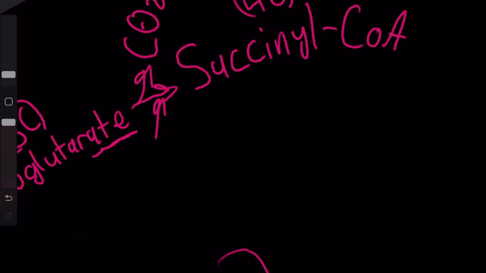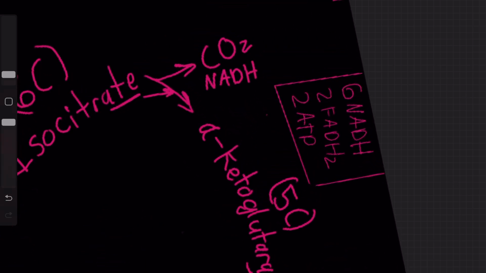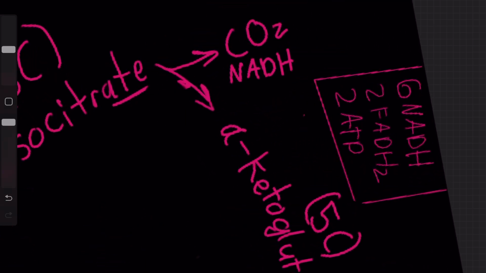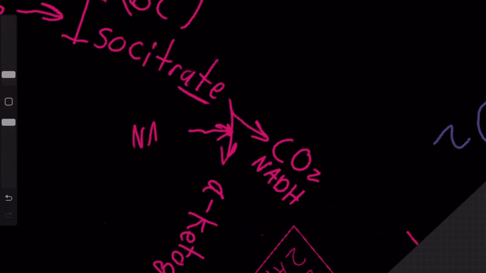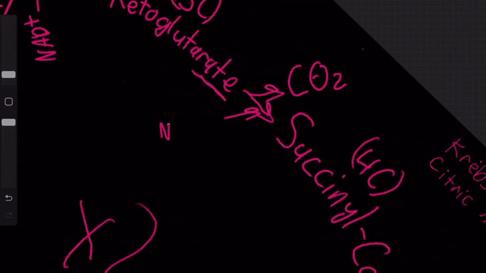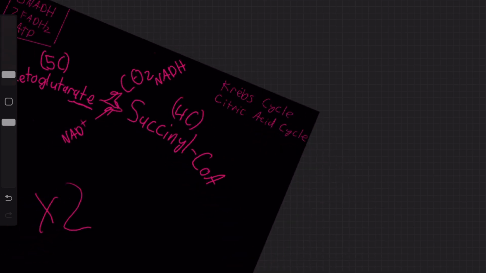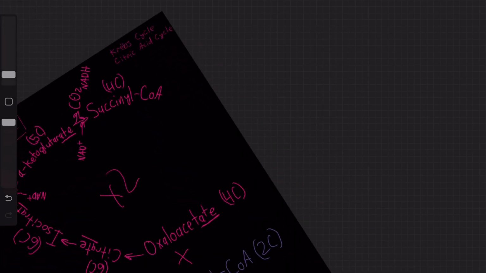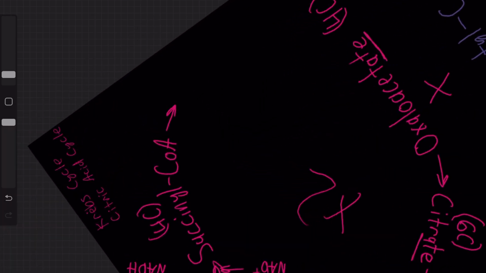And again, we used another NAD plus over here, and we produce another NADH here. Now, from succinyl coenzyme A, we will go over to succinate.